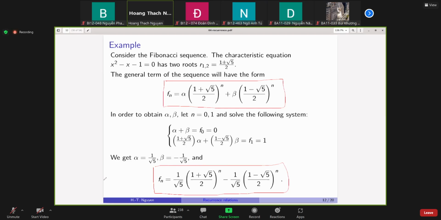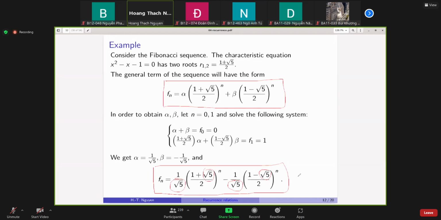As I said, it is interesting that in this formula you have some irrational number involved. You have square root of 5 here. But if you develop all these terms using Newton's binomial formula, then after some simplification, you will find that there will only be integer terms remaining.